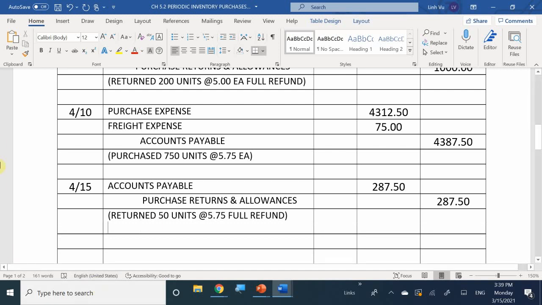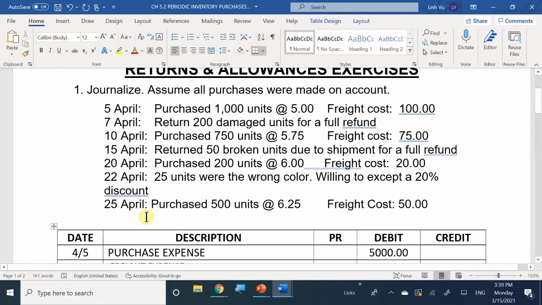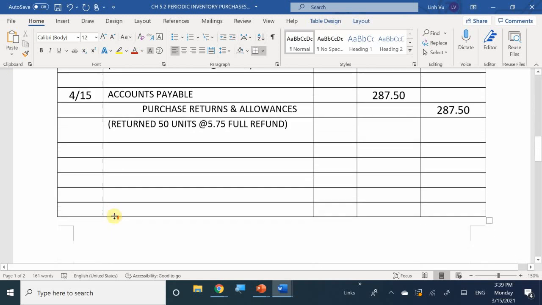Right. So let's see what happened next. On April 20th, I made an additional purchase of 200 more units at $6 each with a freight of 20. So purchase expense, correct.